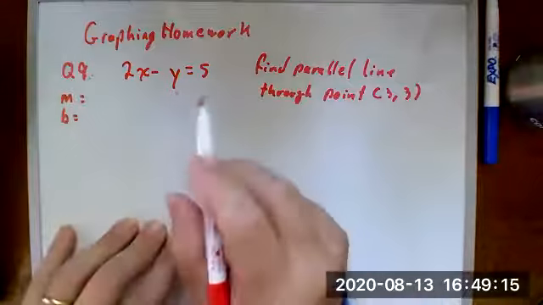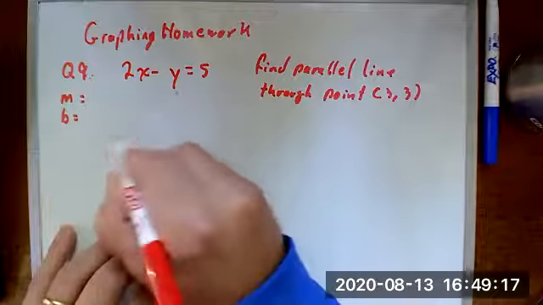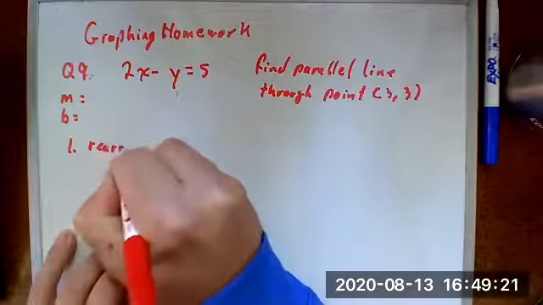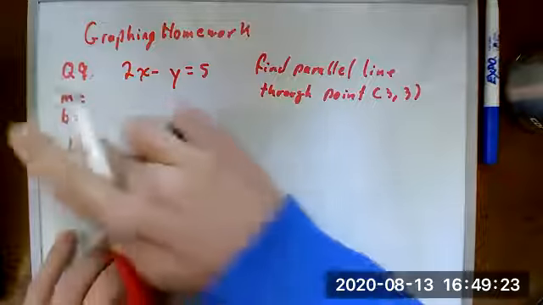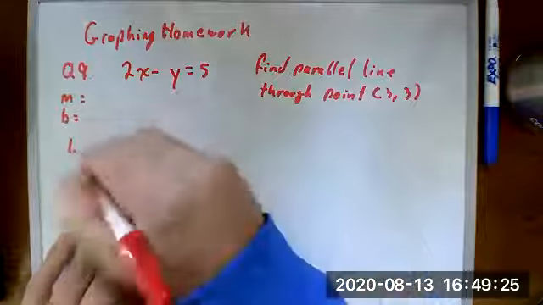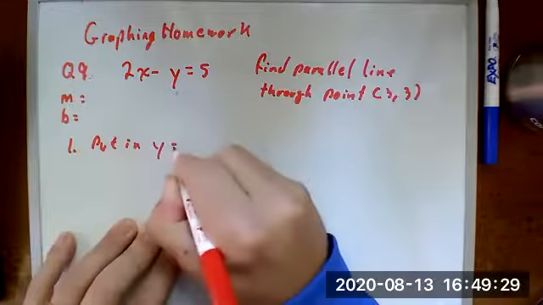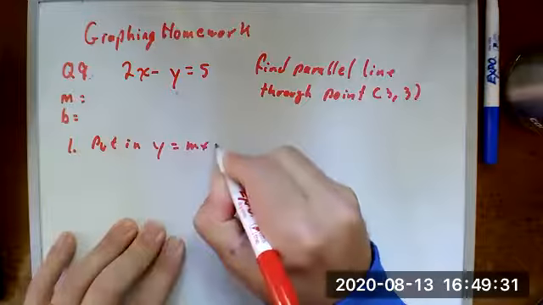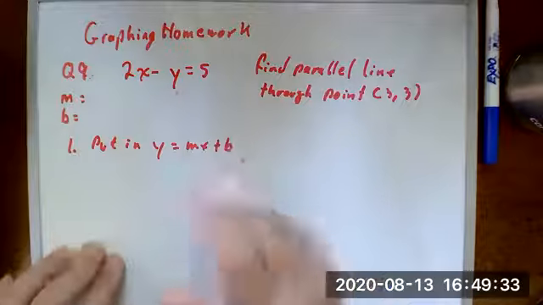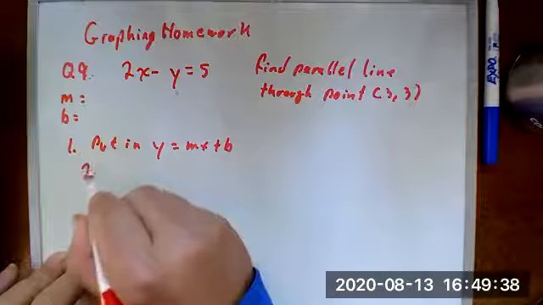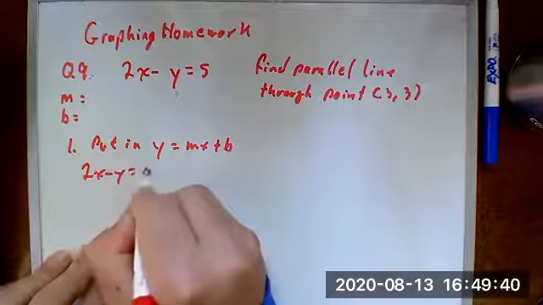Okay? So, starting by rearranging, we'll just say put in y equals mx plus b form. So then, that means we take our 2x minus y equals 5.